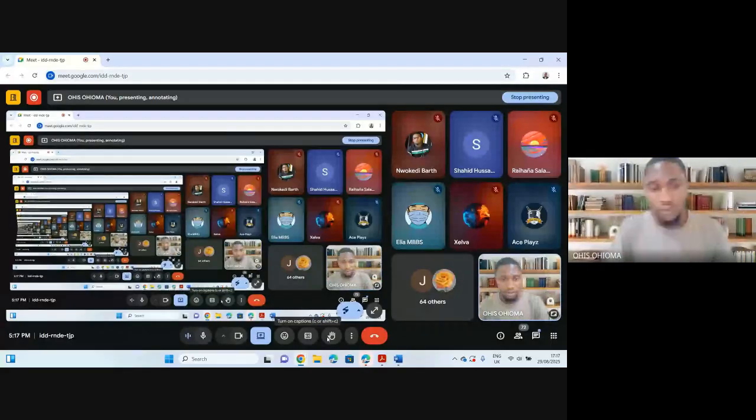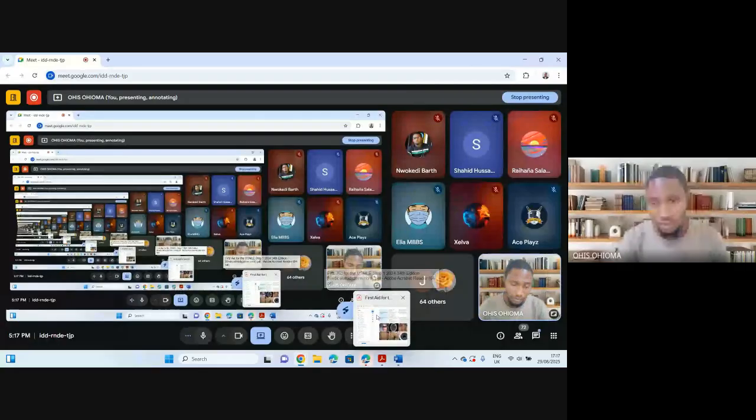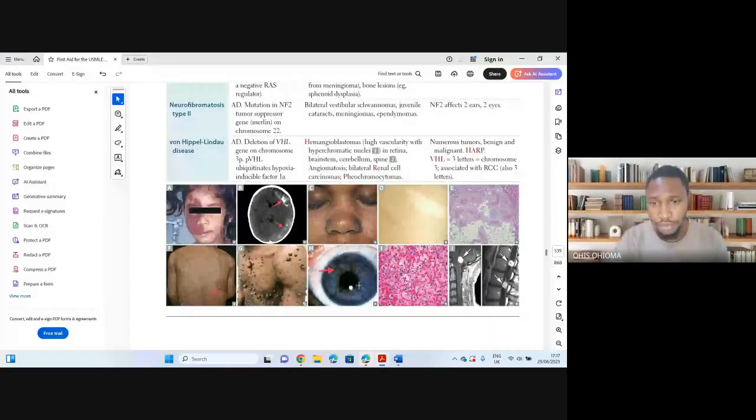So let me just show you guys the pictures. These are the Lisch nodules. This is a very, very common picture that comes out in the exam. This is also very common. These are the neurofibromas. You can see them here as well. Then this thing you're seeing here is the café au lait spot.